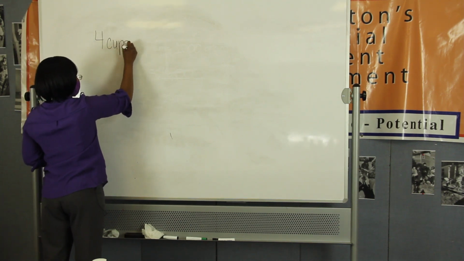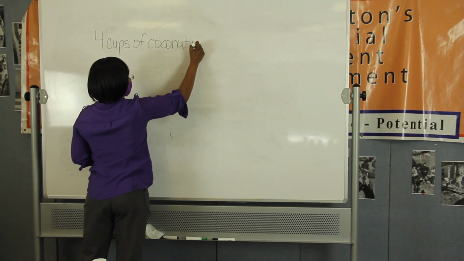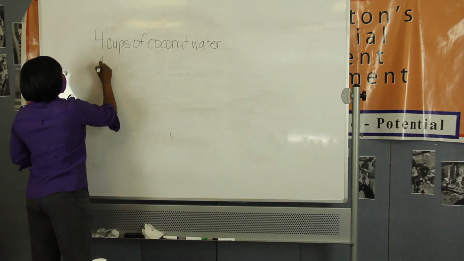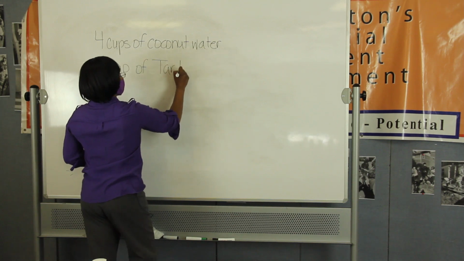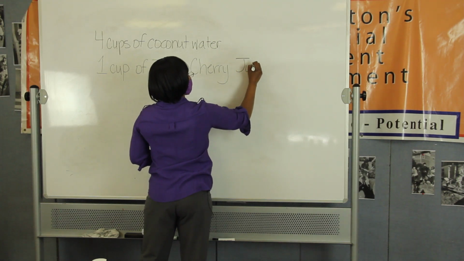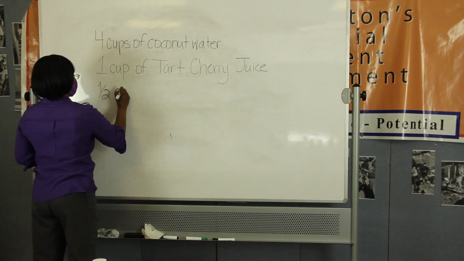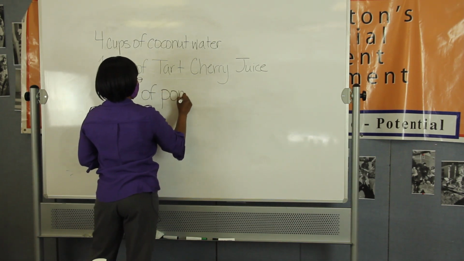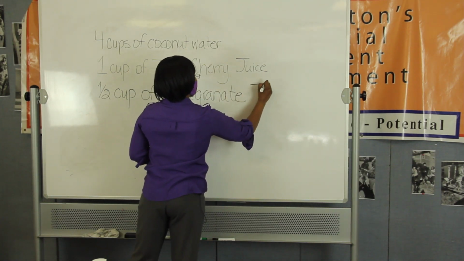You're going to have 4 cups of coconut water, 1 cup of tart cherry juice, and 1/2 cup of, a little bit tricky word, I'm not used to writing it, pomegranate. Hope I got it right. I think I did. Juice.